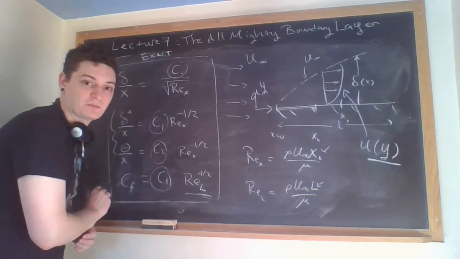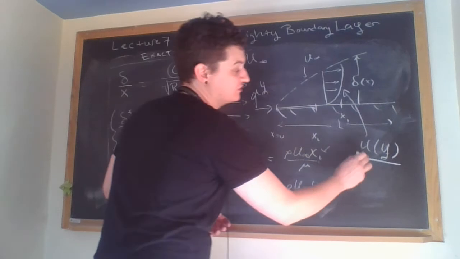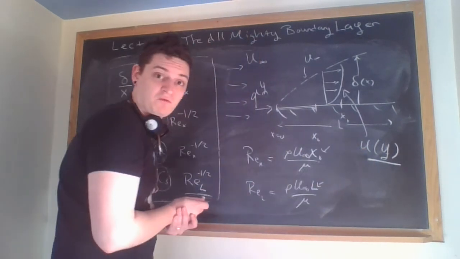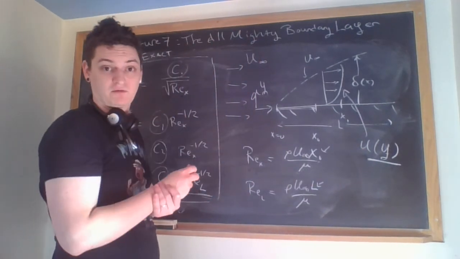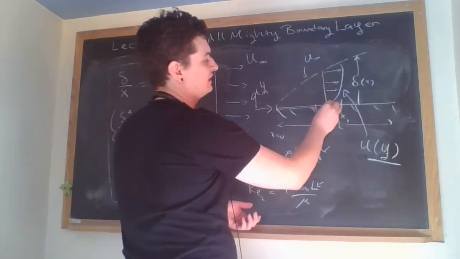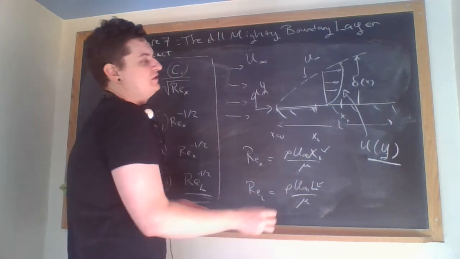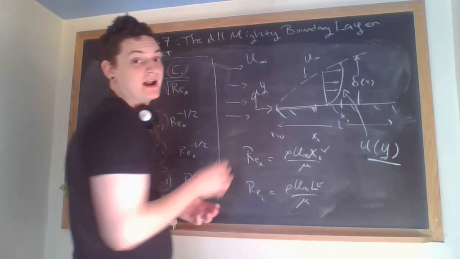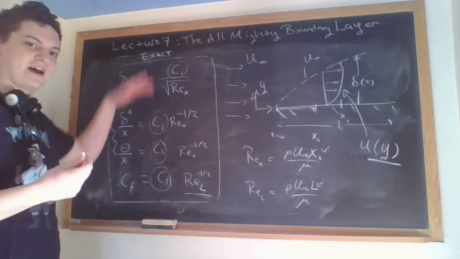The approximations come from just assuming what this velocity profile is before you do any of the work. So it's kind of cheating, but you can usually do this because I know it's curvy, I know it goes to 0 and has to go to a value. You just need to pick some function that will do that, and you can get results that way. They're not even that far off.